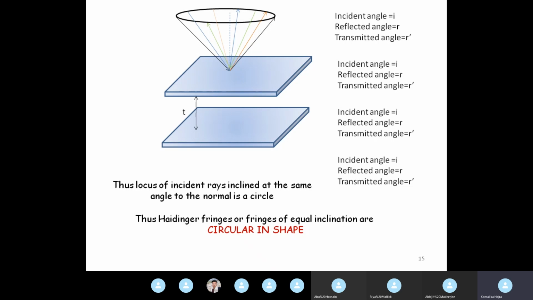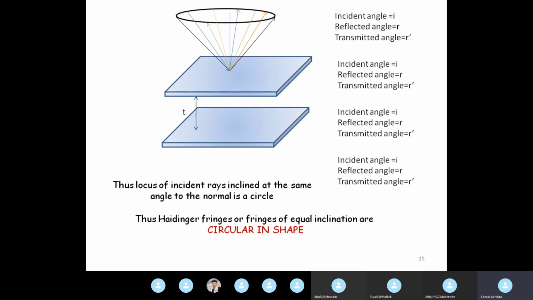I don't know how much I have succeeded in drawing this figure. I'm not very good at drawing on the computer, but I've tried, and I hope I have been able to put across something so that you could understand why a circular fringe is produced by a set of incident rays inclined at the same angle, and why such fringes are called fringes of equal inclination.